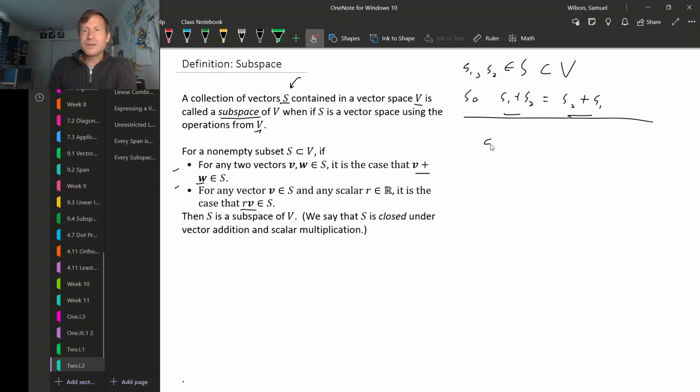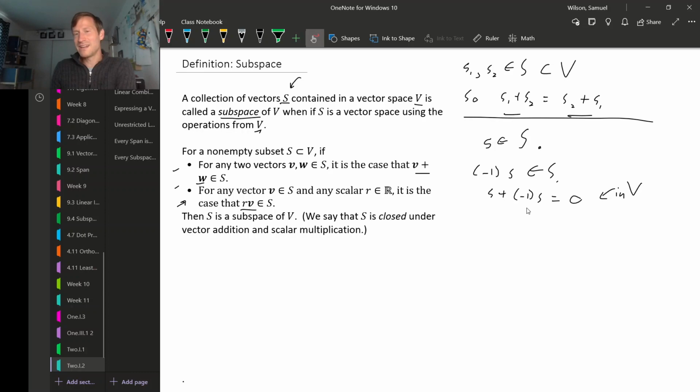So let's suppose that we have some vector s inside of our subset S. Well then, the scalar product minus 1 times s is in S, right? That's because we're assuming that S is closed under scalar multiplication. But then s plus minus 1 times s is 0. And this is in V, right?